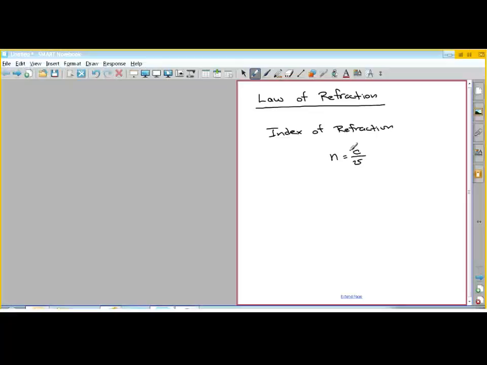Because nothing can go faster than the speed of light in a vacuum, V is going to be less than or equal to C. Therefore, this is always greater than or equal to 1.